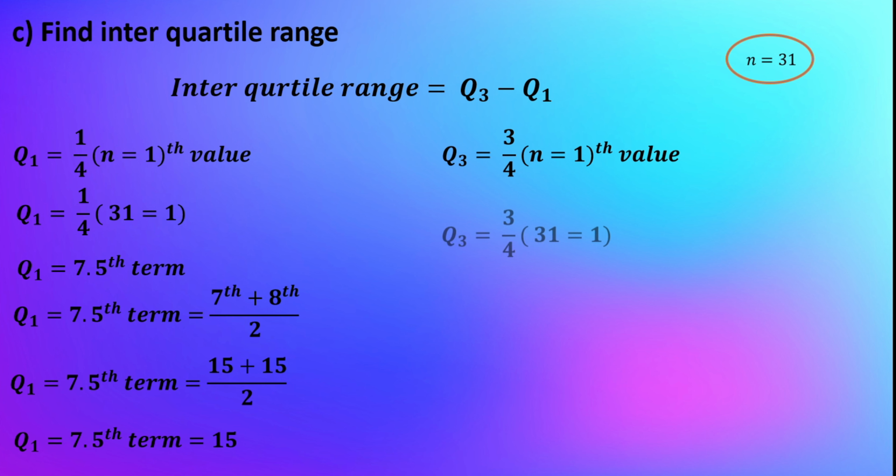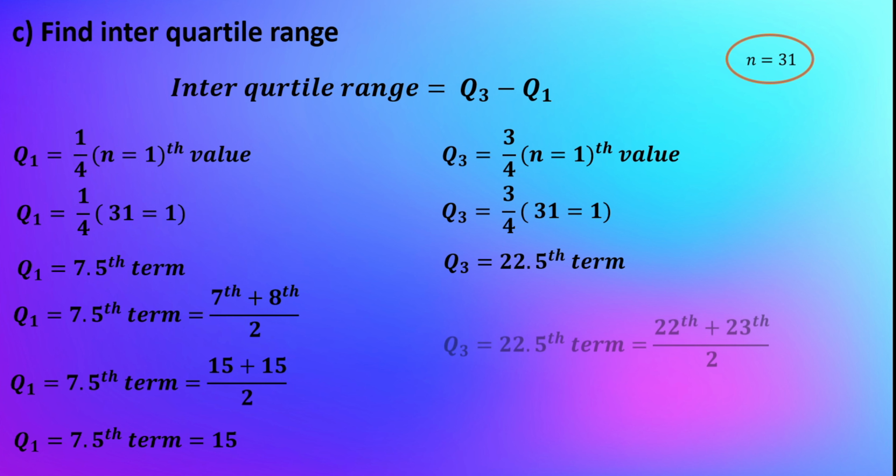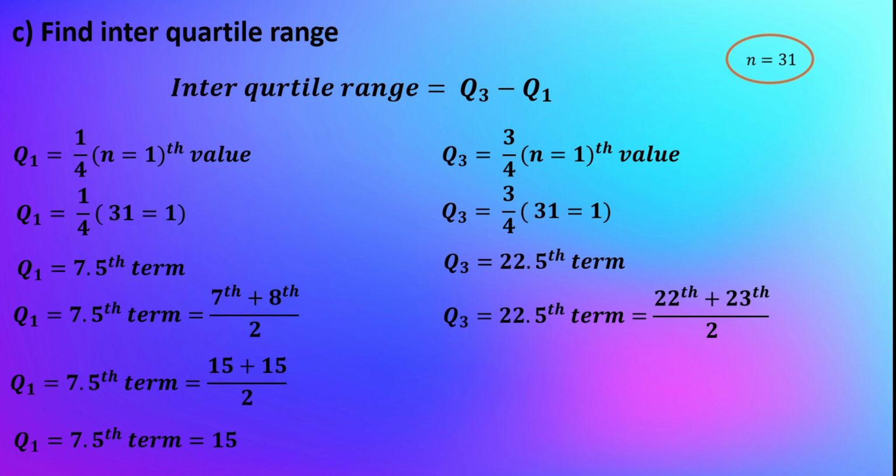So now evaluating our Q3, we got the 22.5th term. How do we find the 22.5th term? Just as we did on Q1, you should know that the 22.5th term is between the 22nd term and the 23rd term. In this case, our 22nd term is 29 and our 23rd term is 32.